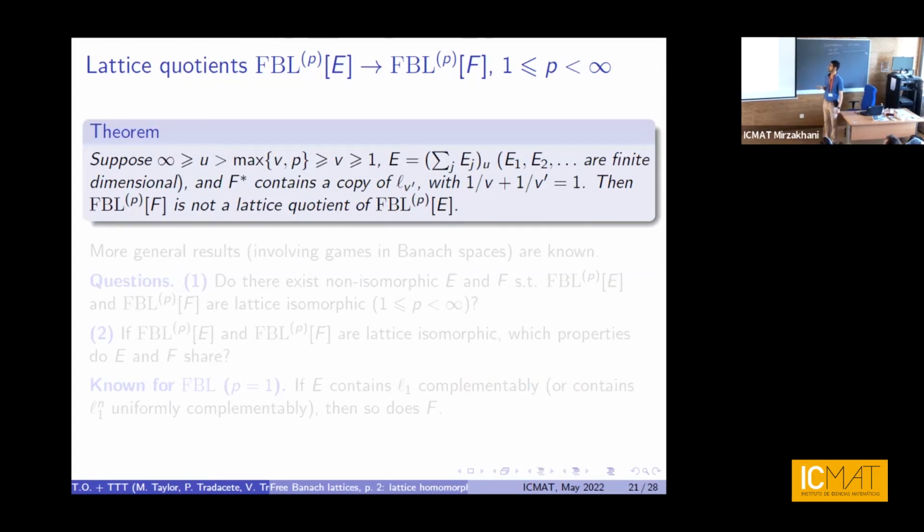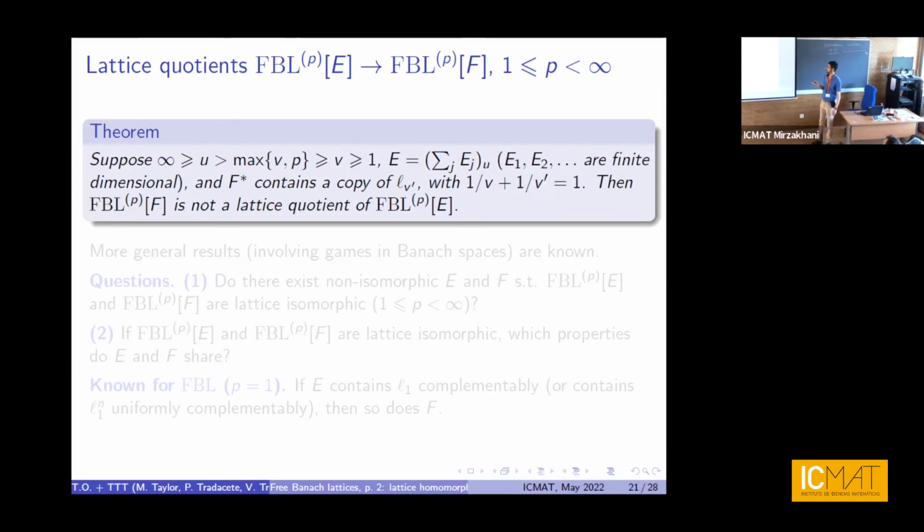There is also a somewhat similar result. Once again, we want to show that one free Banach lattice cannot be a lattice quotient of the other. So now let's say once again we have u and v which are now satisfying this inequality.